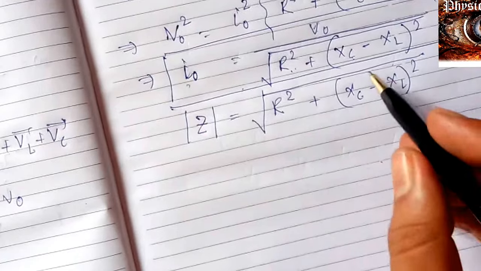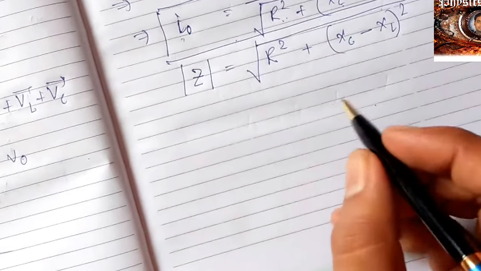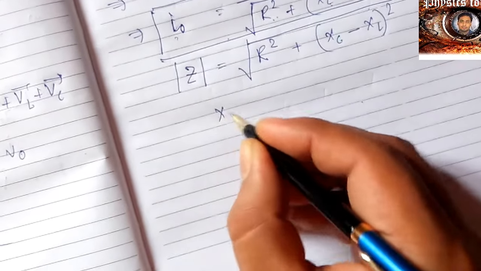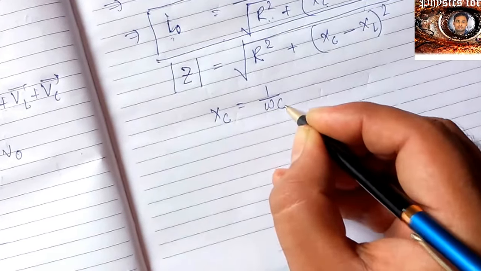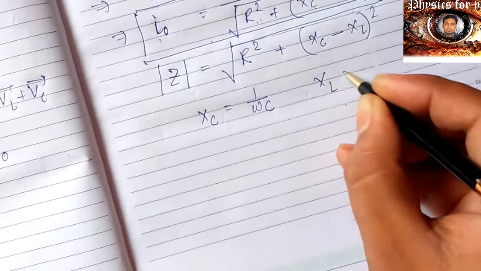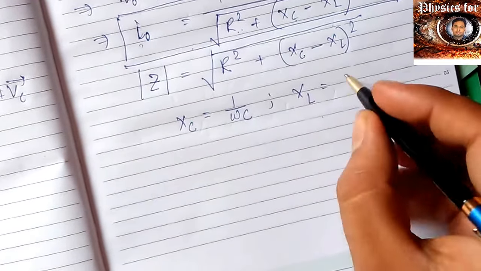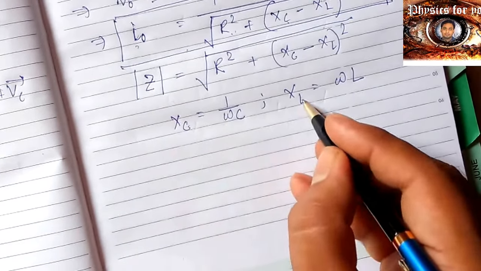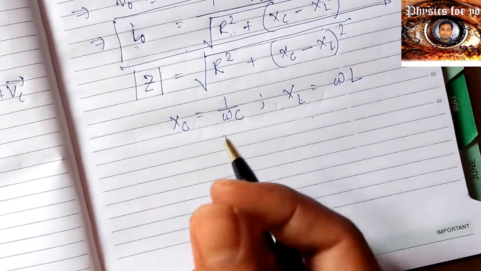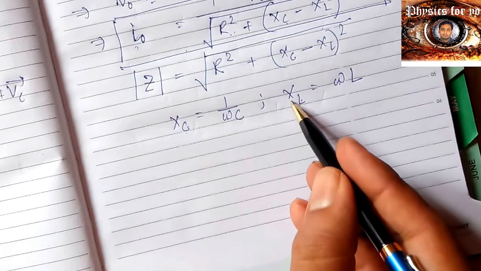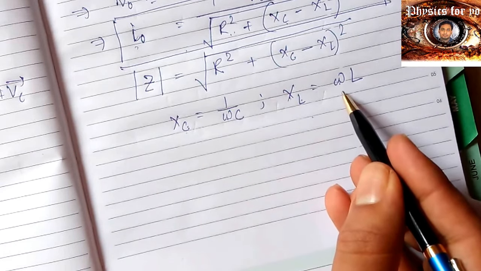So what I have said, look at here. XC equal to 1 by omega C, and XL equal to omega L. So both XC and XL change with angular frequency omega, so we can adjust this XC and XL by changing omega.